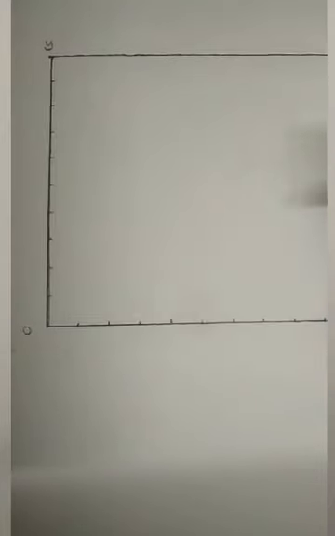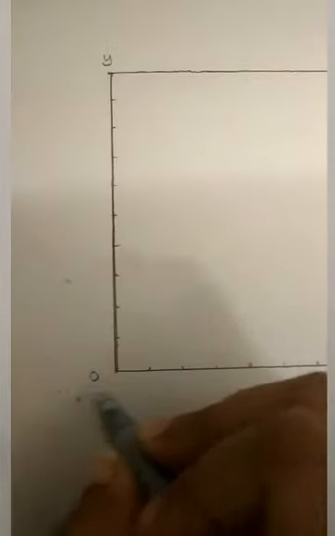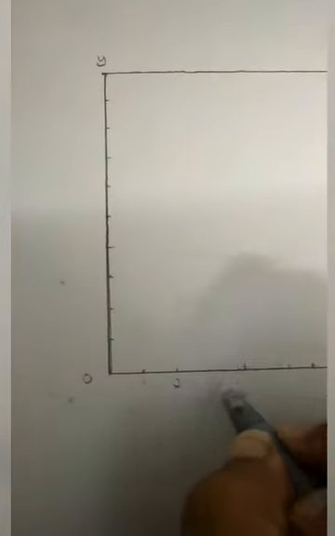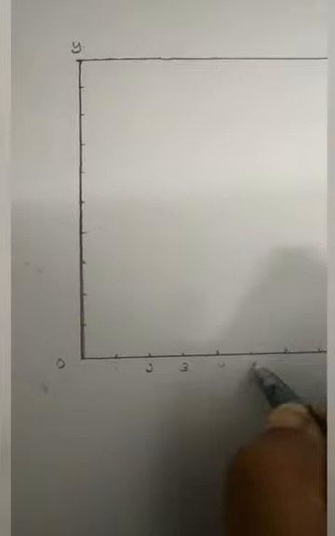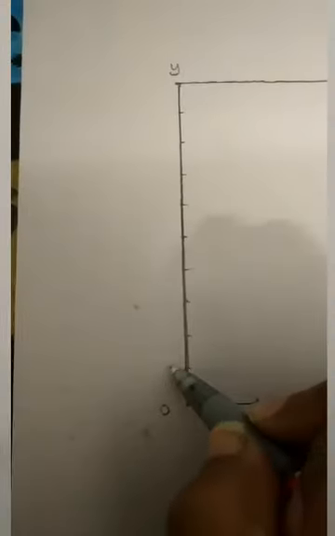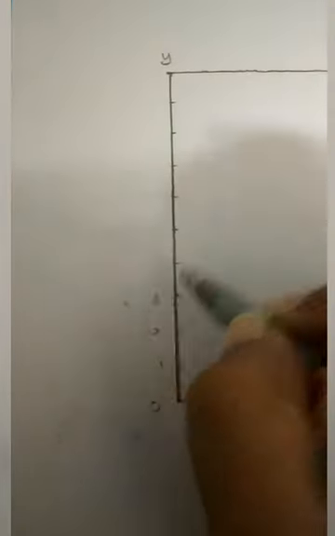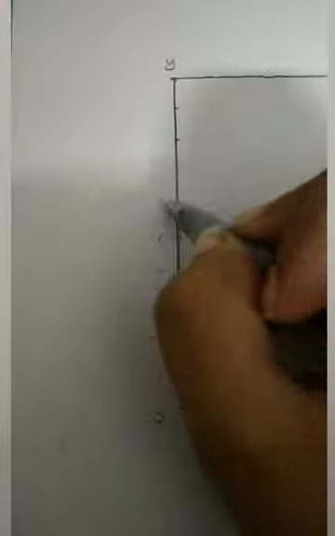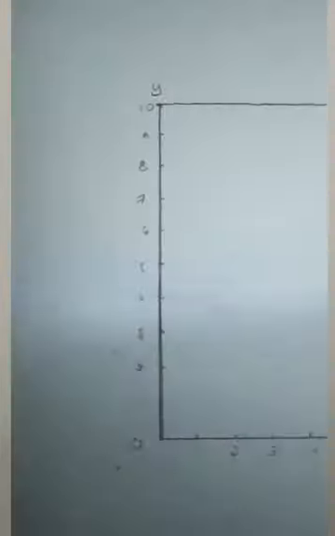See, we have given the dots. Now we will give the numbers 0, 1, 2, 3, 4, 5, 6, 7, 8, 9 and 10.